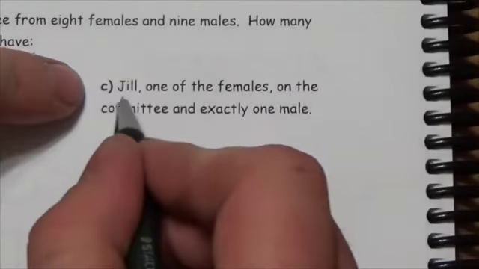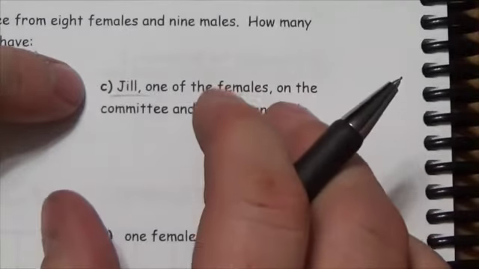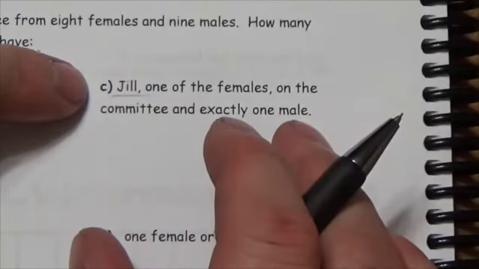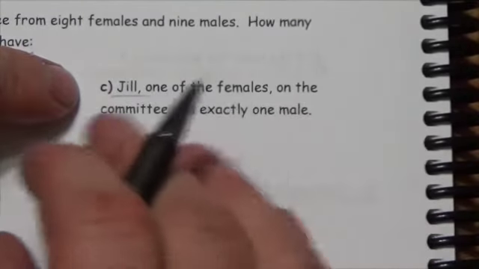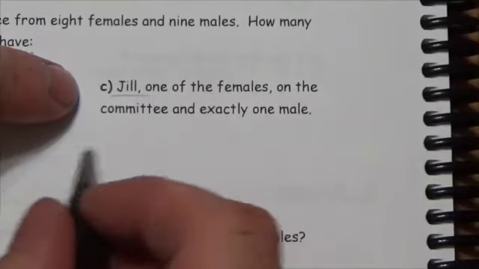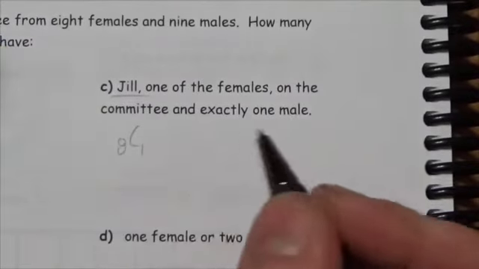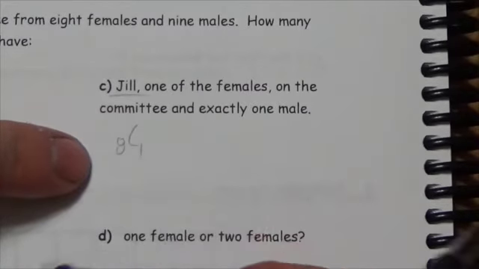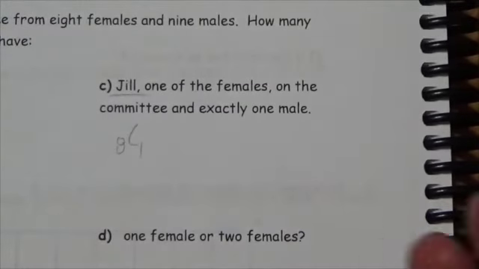First of all, Jill, one of the females, has to be on the committee. Jill is one of the females, but we're not going to choose her by writing 8 choose 1. That's incorrect. 8 choose 1 would mean from the group of females we're going to choose one of them. But that's not what we're doing. We're choosing a very specific one.